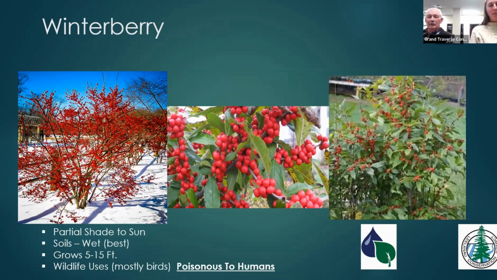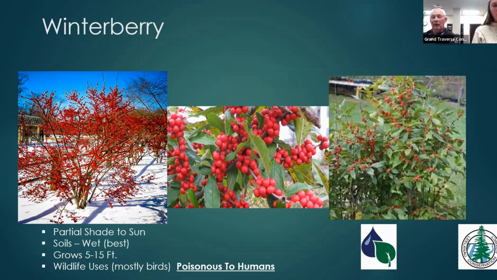Winterberry, you're going to need a wet site for this one. It grows from shade to partial sun, and the soil's wet. Now you see on the left-hand side that it's growing along somebody's fence in their yard. And yes, it can be grown in your yard, but you're going to have to water it a lot.